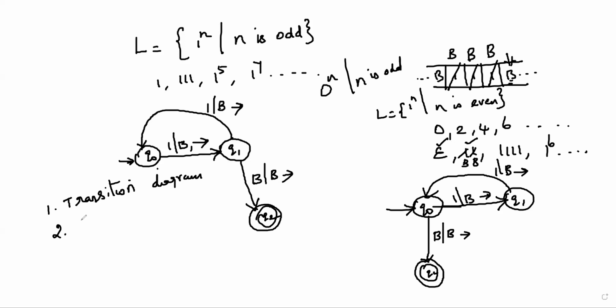Second is the attributes, the Turing machine definition. Third is to check whether the string is accepted, using the instantaneous description, ID.